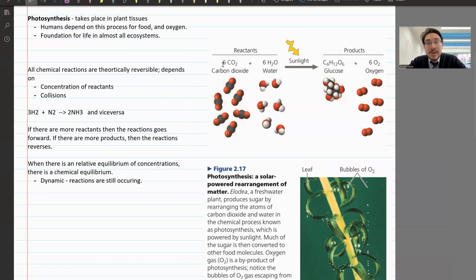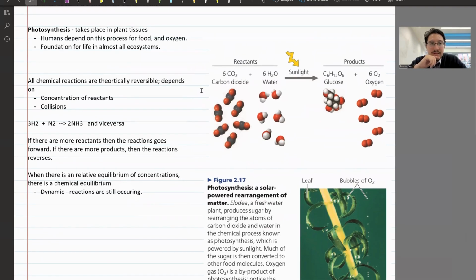Through various reactions, this is a very simplified form of the reactions, driven by sunlight, you have an output of products of glucose, C6H12O6, plus 6 molecules of oxygen. Okay, if you count the number of atoms, you'll see that the equation is balanced.